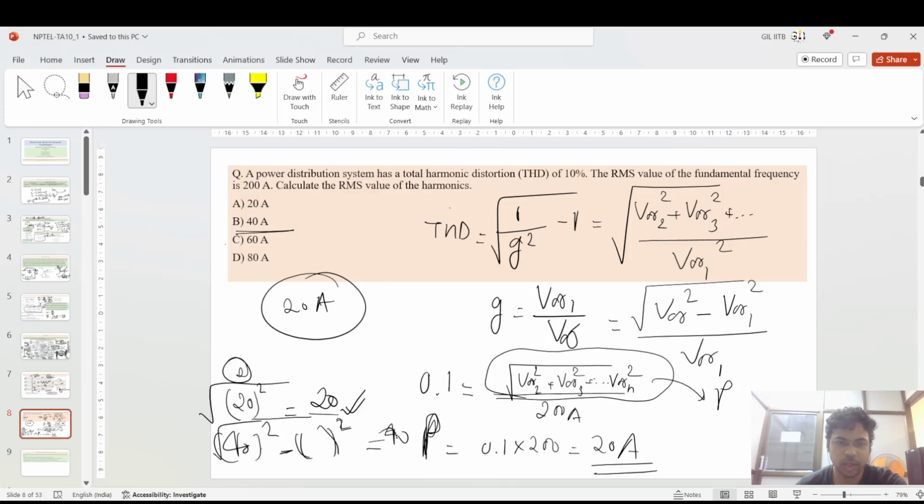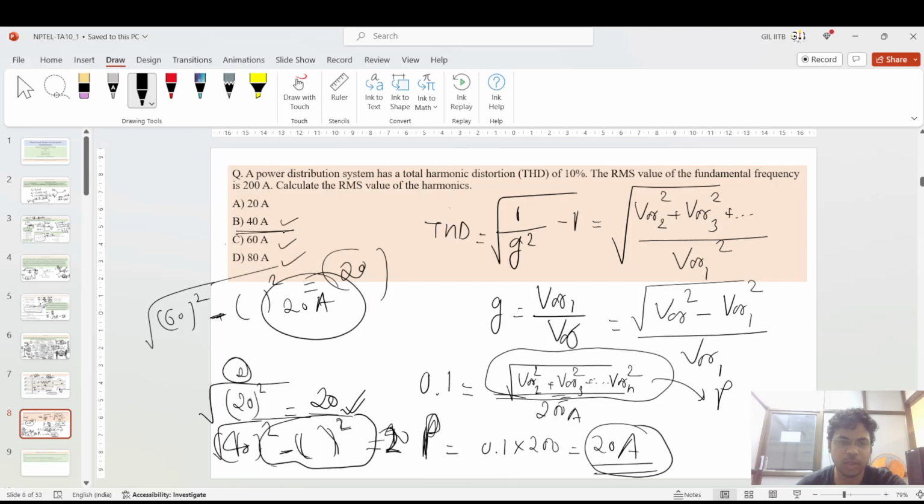That 40 square means you have to subtract something from it. After that you will get 20 because you have to get this 20, but there are no negative terms because all are square terms, so you don't have any negative term. Same with the situation of 60 also. For 60 you need 60 square minus something so that you can get the 20.